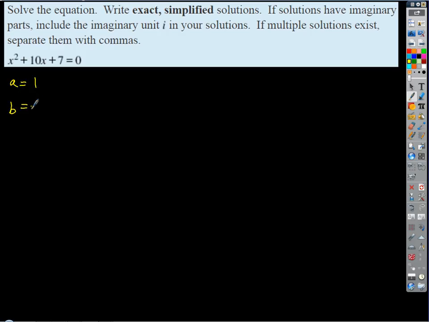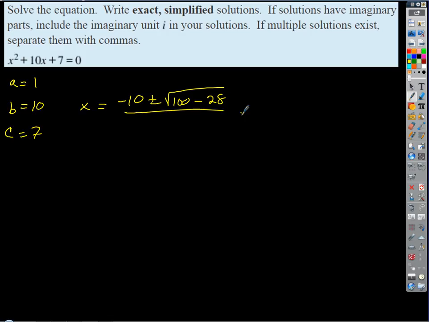1 and okay. So then the quadratic formula tells us that x equals negative 10 plus or minus the square root of 10 squared, right? So that's going to be 100 minus, what's 4 times a times c? 28.